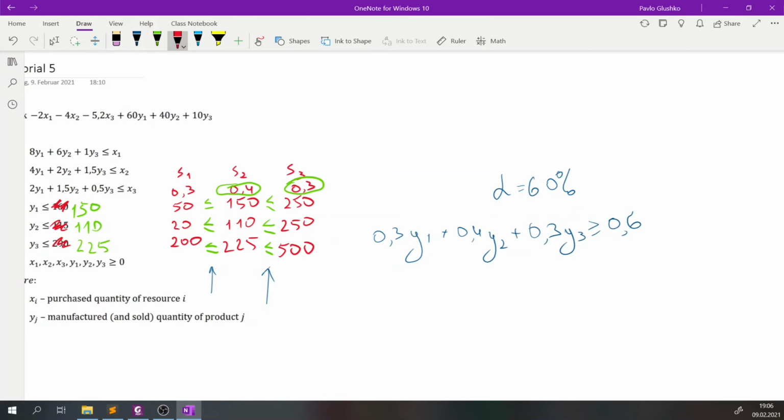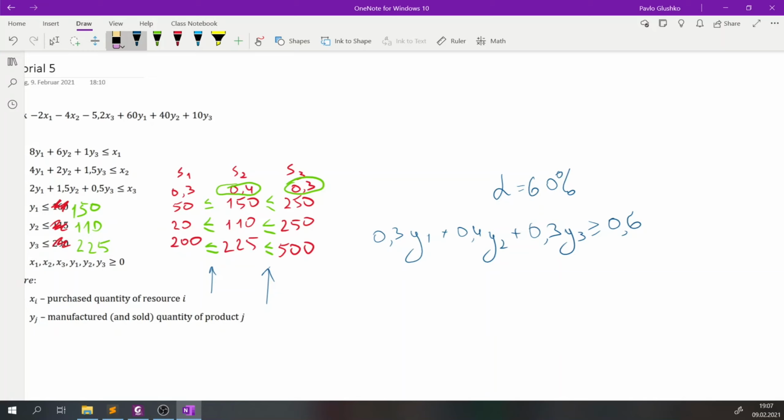Then, for example, if we activate constraints of scenario 2 and 3 and y1 is 0, the total sum will be 0.7, which doesn't violate this constraint. This was the first element, and now we need to add several constraints for demand.